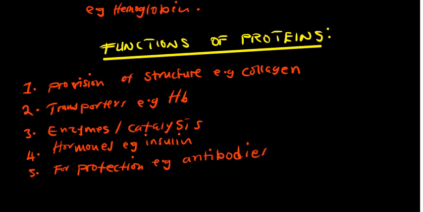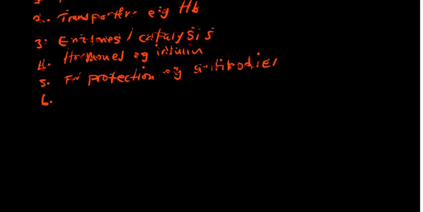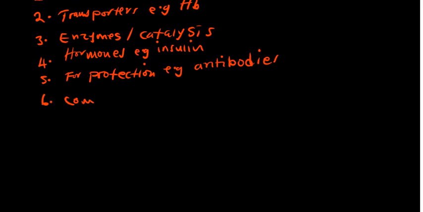So the last function, I think these functions are enough. So the last function is for communication. So cell to cell communication is a function of proteins, e.g. cell receptors.